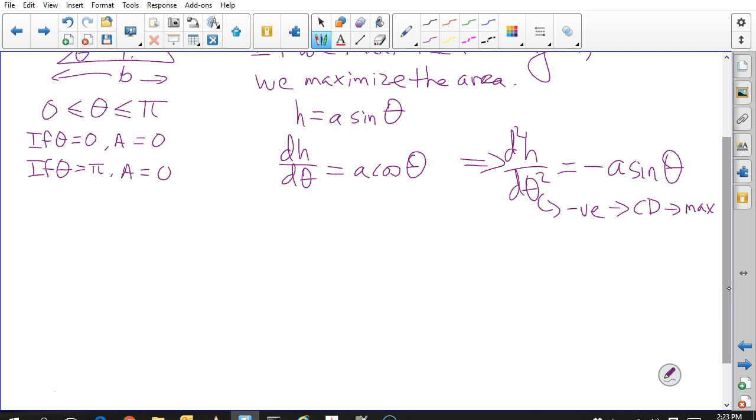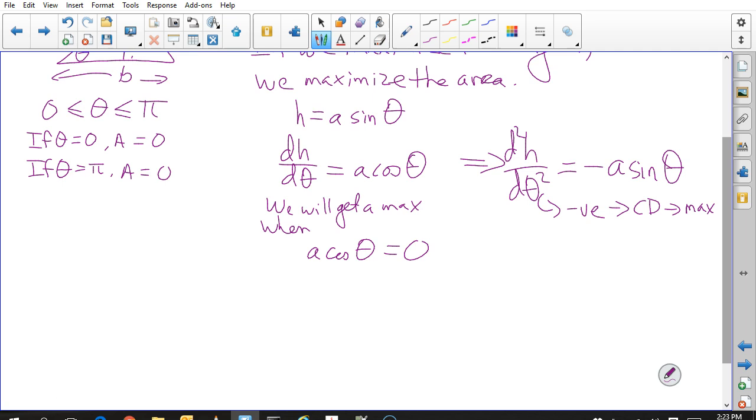Now, what do we want to do? We want to maximize this, right? So we have to find the critical numbers. We will get a max when A cos theta is equal to 0.